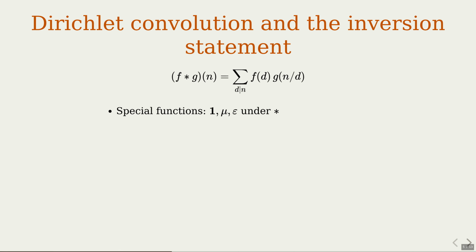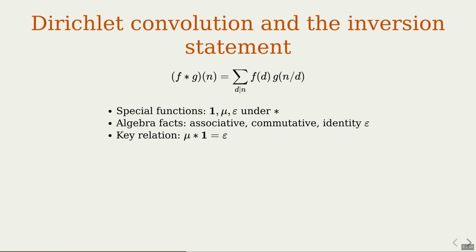We use 1 for the constant 1 function, mu for the Möbius function, and epsilon for the function that is 1 only at n equals 1.